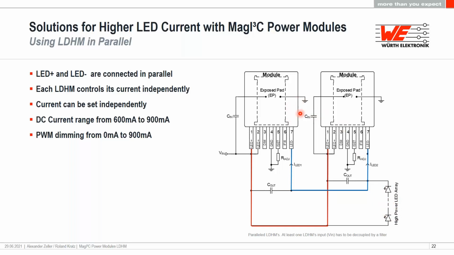The current can be set independently, and you can use a DC current when you have two in parallel from 600 milliamps to 900 milliamps. But you can dim from 0 milliamps to 900 milliamps with PWM.